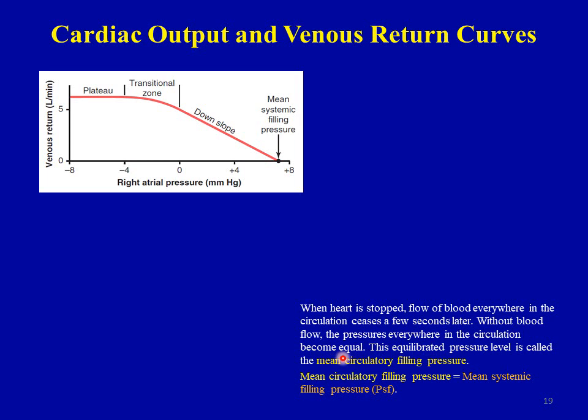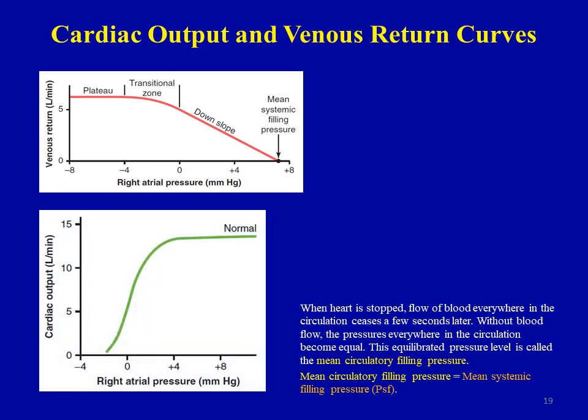But this will not reach 0. If we put water in a balloon, the pressure inside the balloon will not be 0. This equilibrated pressure level is called the mean circulatory filling pressure. The mean circulatory filling pressure is also equal to the mean systemic filling pressure because the effect of the pulmonary circulation is very minimal.